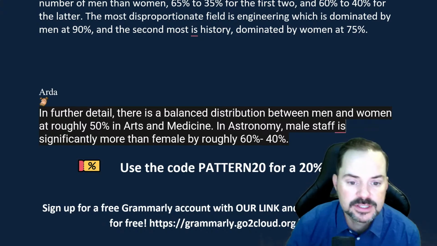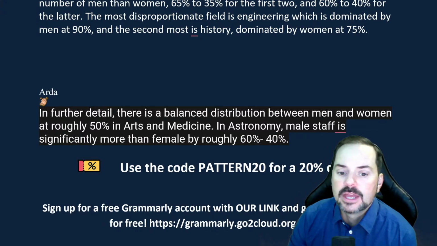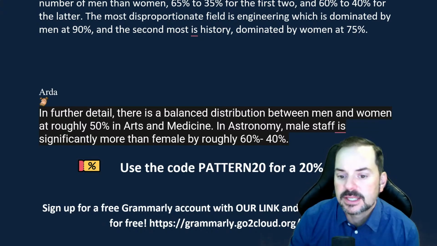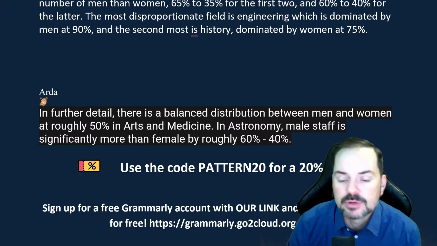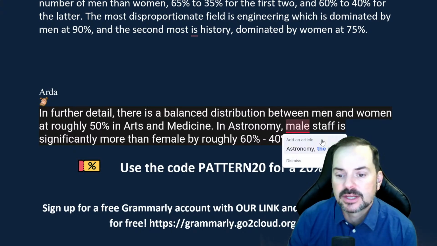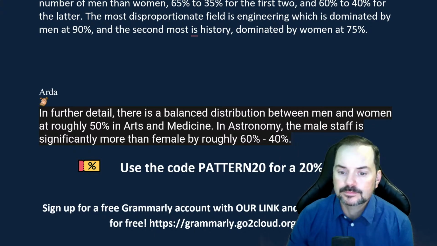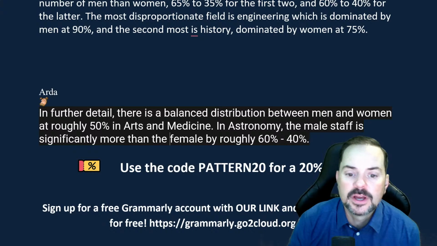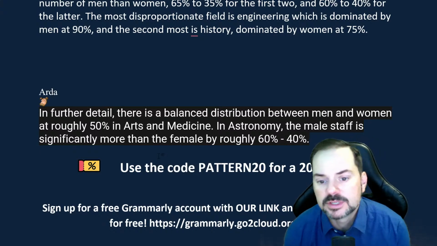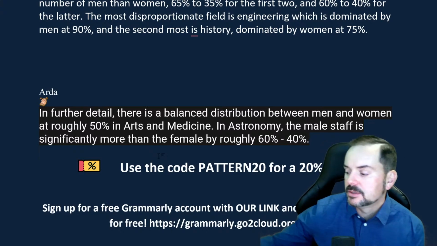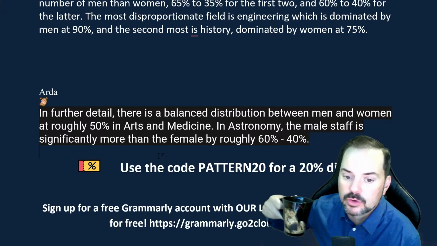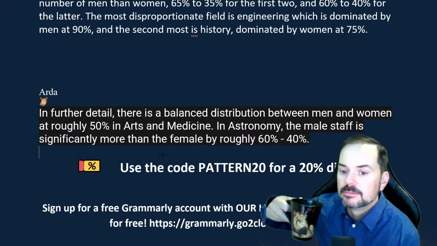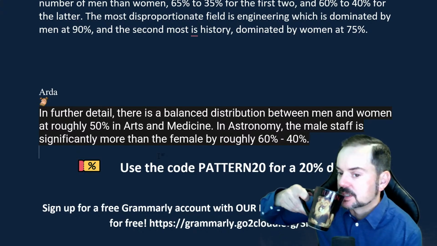So male staff is significantly more than female by roughly 60 to 40%, with a dash instead of 2, and that's fine also. Just a couple of missing words there according to Grammarly. Fair enough. They're unique. You're speaking about a unique group, so it's the female by roughly 60 to 40.